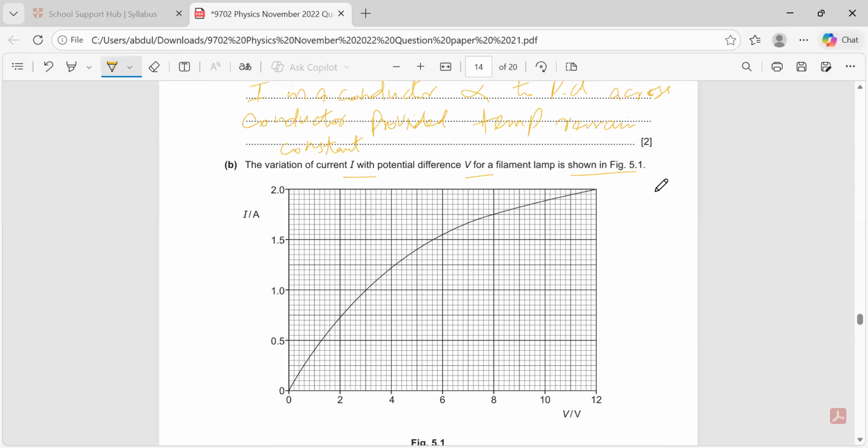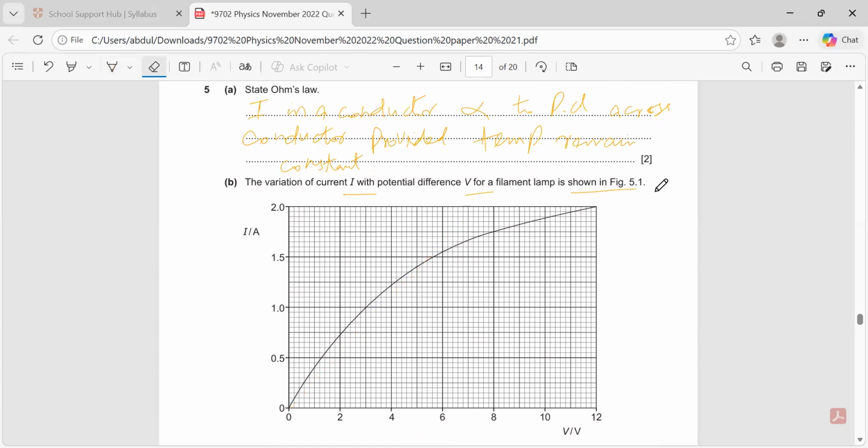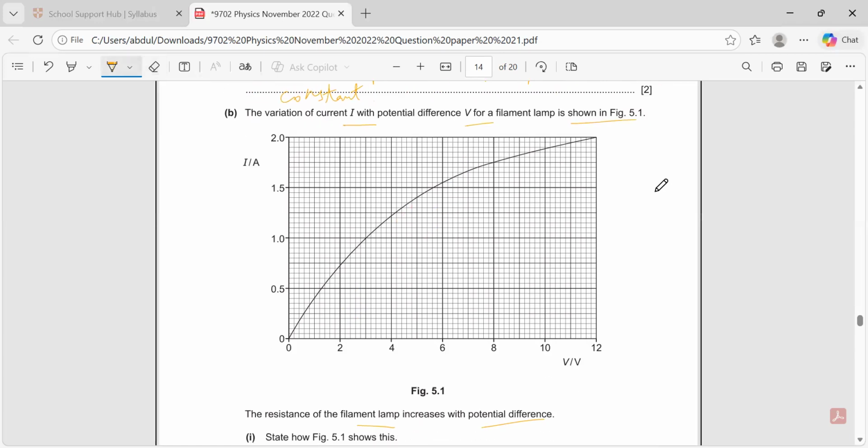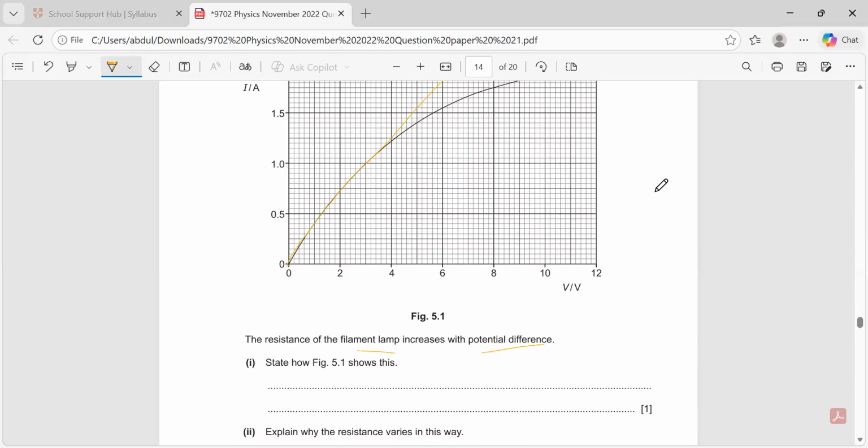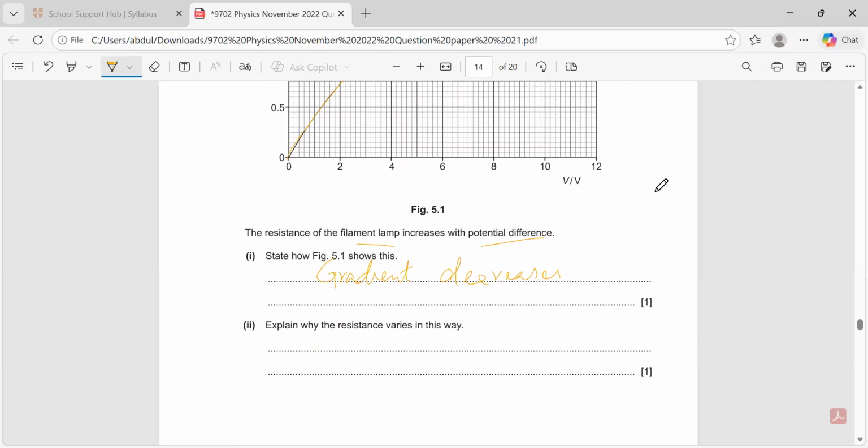It was supposed to go this way, but it is decreasing. So for 1 mark, you can say that the gradient decreases.